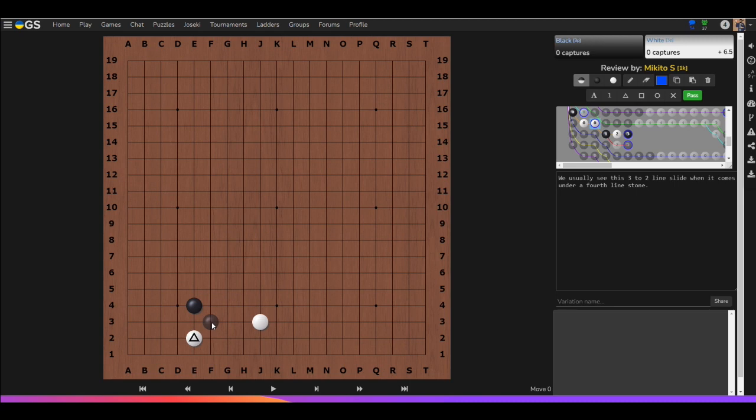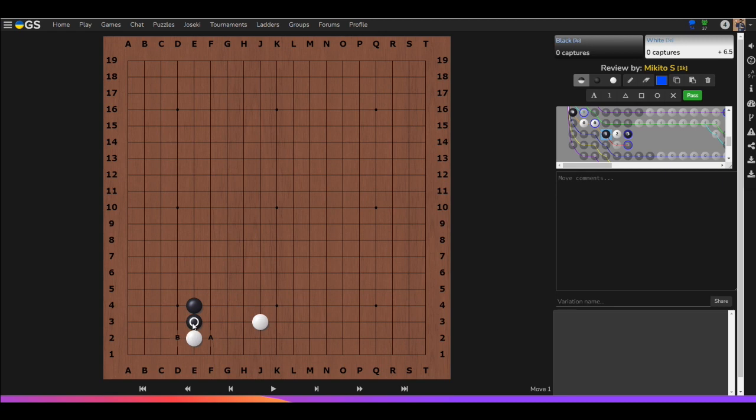Black could play the diagonal, the attachment, the over attachment, the hitting on top, the invasion, this one, right? There's so many ways for black to respond, and a lot of them feel very uncomfortable because it's very hard to just connect these stones. In most cases, you can't. So this is actually a very useful lecture, I think, not only for myself, but hopefully for you guys if you ever got slid under and weren't sure what to do.